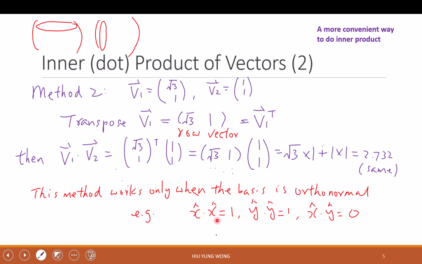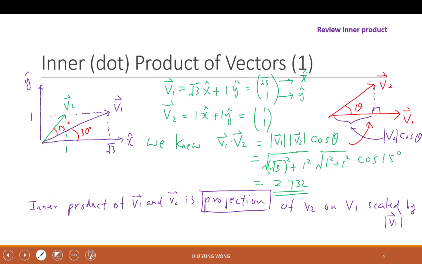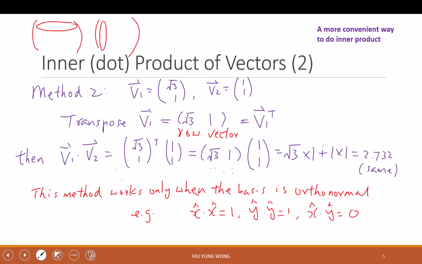And here, x hat dot x hat equals 1, y hat dot y hat equals 1 means that they have unit length, right? Because you project onto yourself, if you remember this equation, it is talking about the square of your length. The square of your length is 1. It means your length must be 1, right? We cannot have negative length.